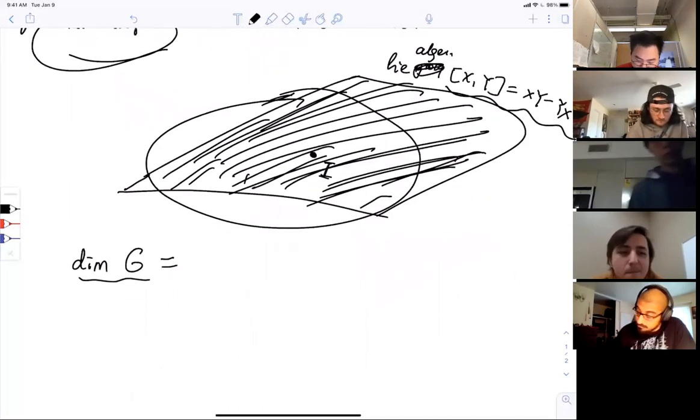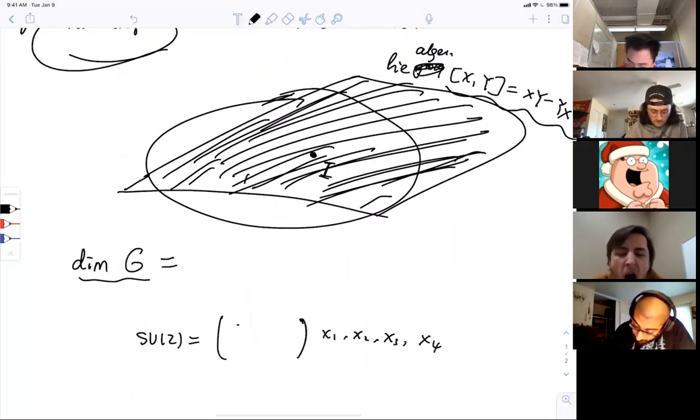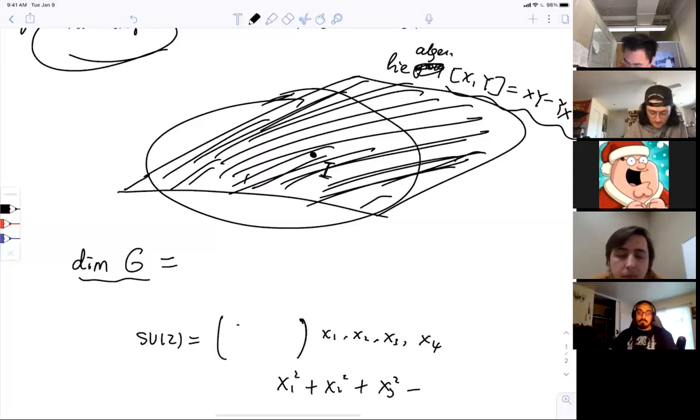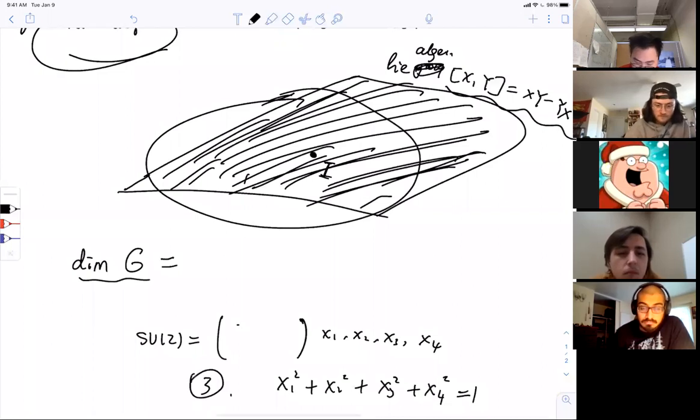For example, for SU(2), it can be parameterized by x1, x2, x3, and x4, and they satisfy x1 squared plus x2 squared plus x3 squared plus x4 squared equal to 1. So in this case, the number of free parameters is 3, meaning that the dimension of this group is 3.